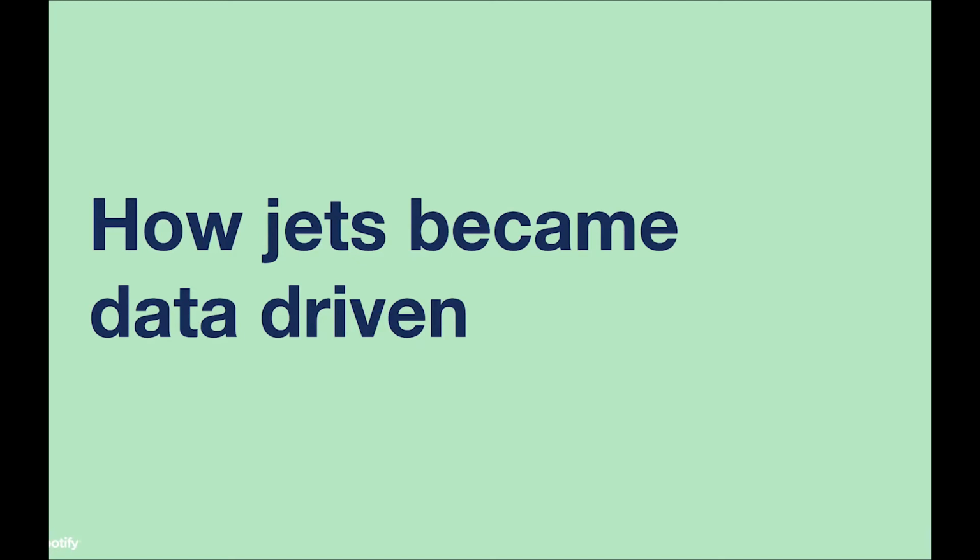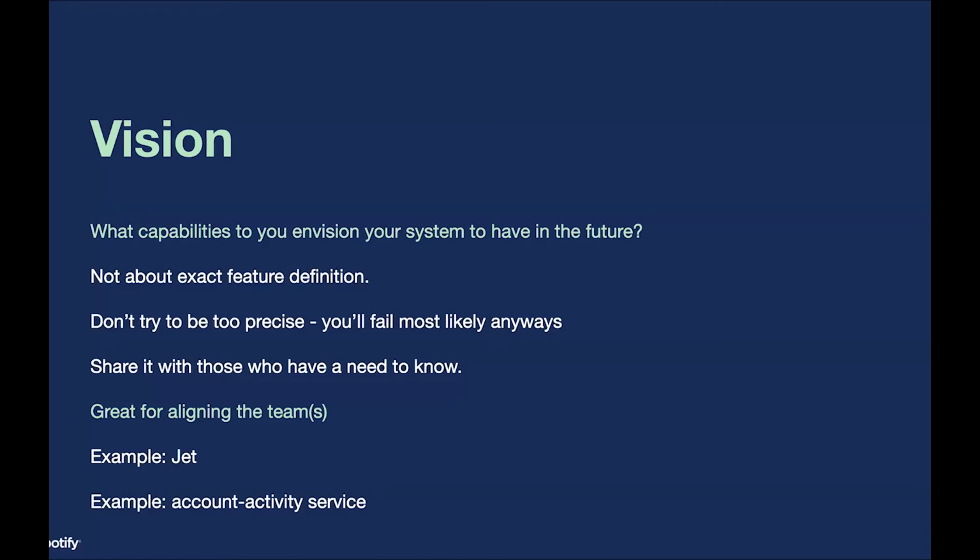So the next part, I want to talk about the importance of a vision. We've already heard it quite some times today, about like you need to have a vision. But I want to be a bit more concrete here and say, what is a vision?